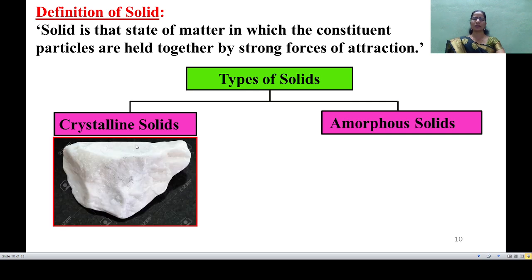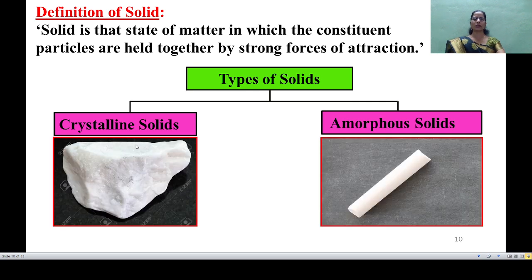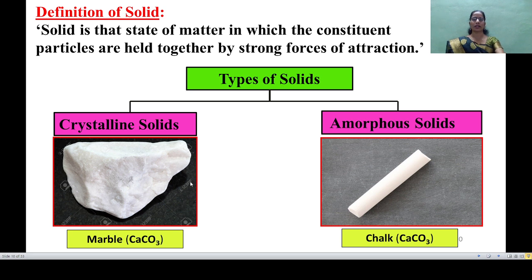See, this is a marble and this one is a chalk. We know that both marble and chalk have the same chemical composition. They are made up of calcium carbonate. That is, both have similar constituent particles.